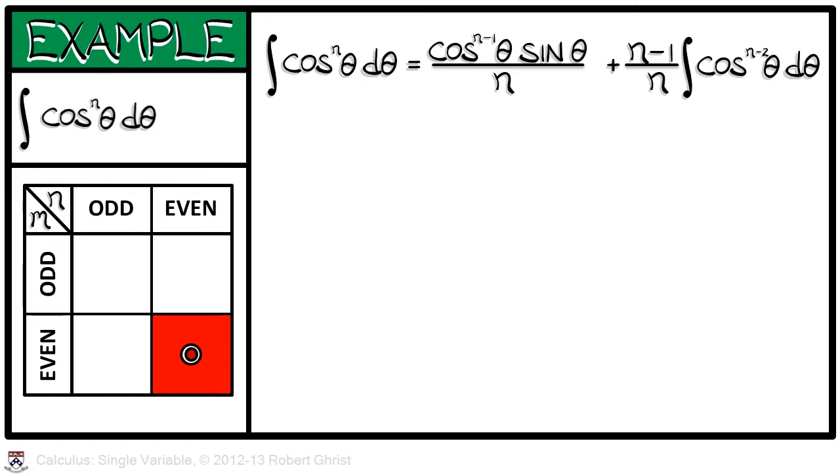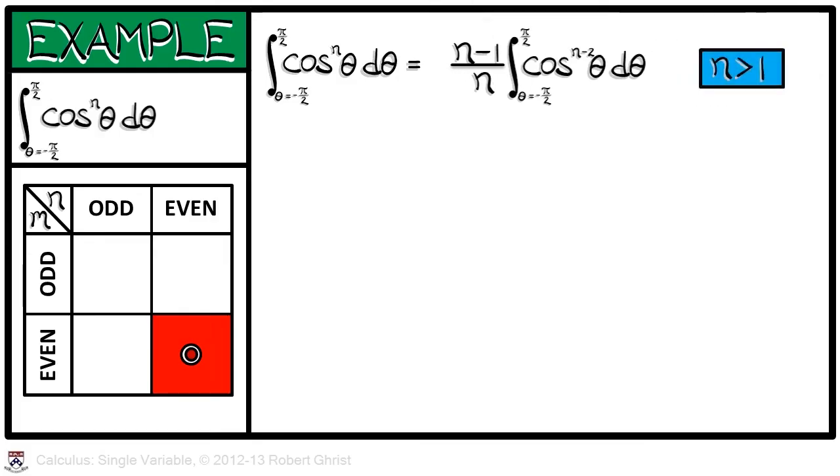To make things a bit more concrete, let's do a definite integral as theta goes from negative pi over 2 to pi over 2. When we do so, one of the things that's nice is that the term cosine to the n minus 1 sine over n in the reduction formula vanishes when we perform the evaluation.